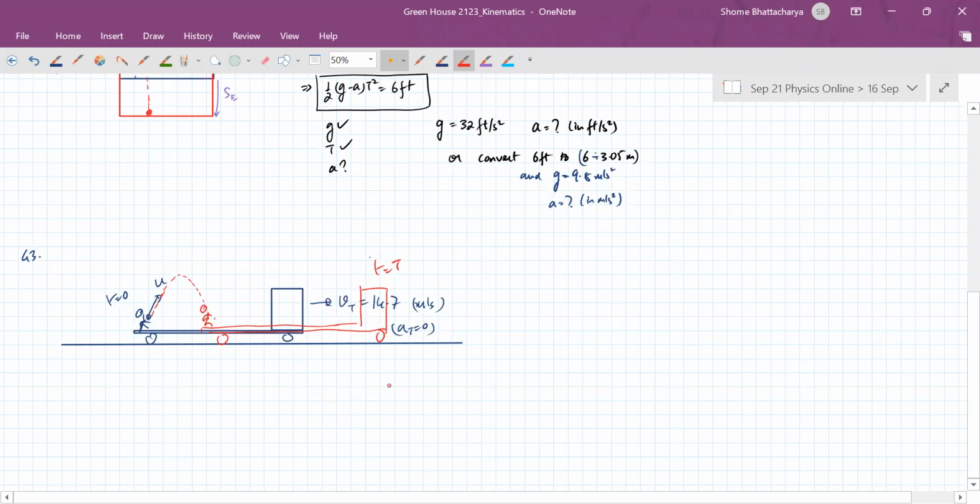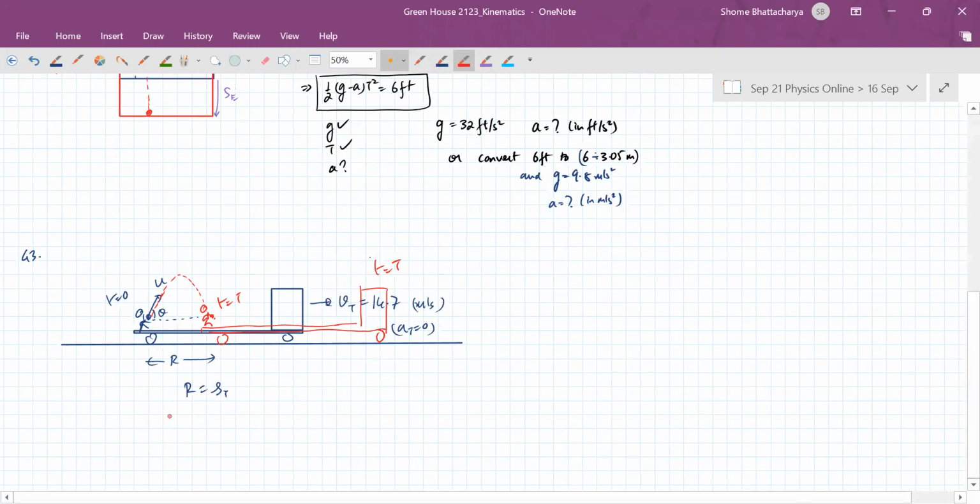is 0. So during that time t, the range of the projectile should be equal to the displacement of the truck.